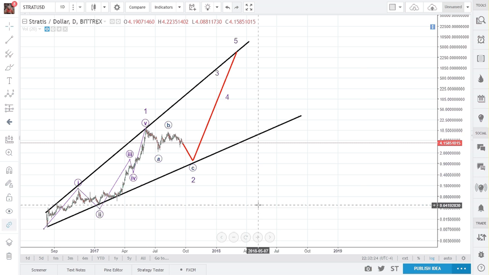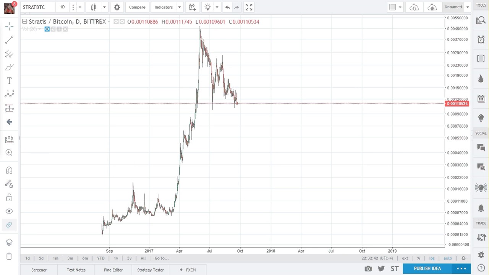Okay, that is the analysis for Stratus. Oh, sorry, not yet. Not done yet. One more quick. Here is STRAT to BTC. From now on, I'm going to start including BTC because this chart using TradingView is just so easy to access in a single chart platform.